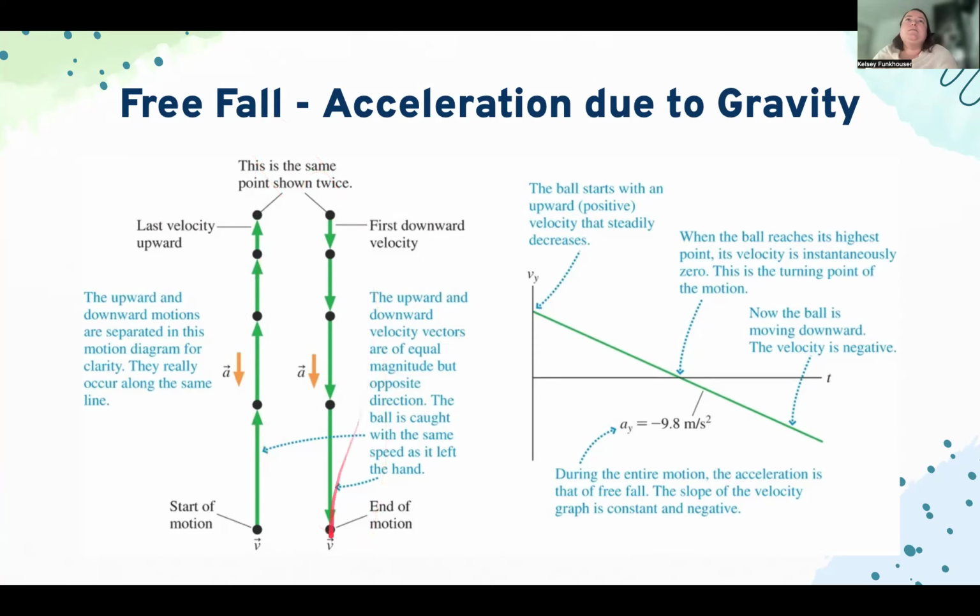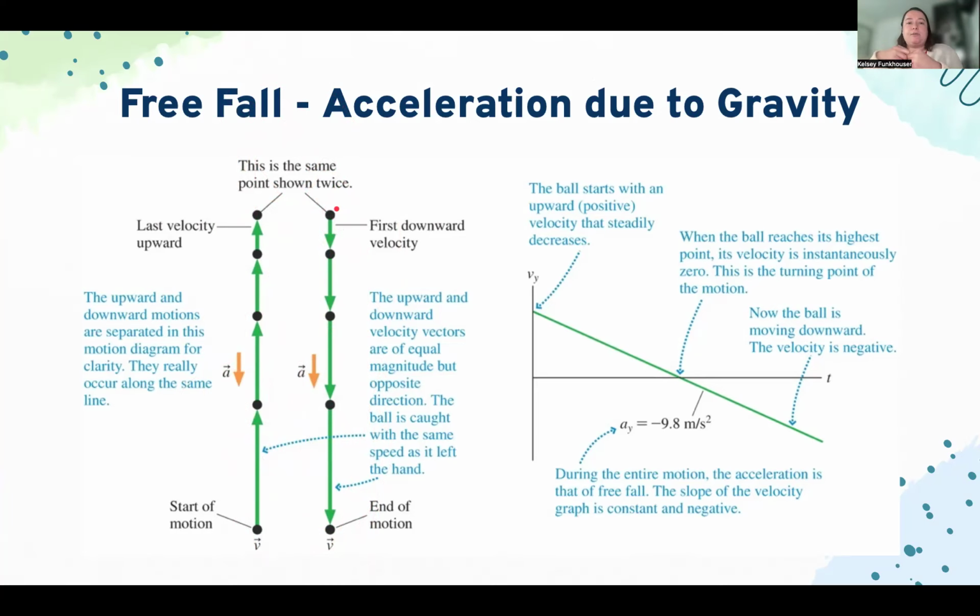And this is not a U-shaped path. We're assuming it's going up and straight down, but it's trying to show you the velocity vectors for the downward motion. But we can see it does the opposite thing because it's now moving down and the acceleration is pointing down. Those are in the same direction.